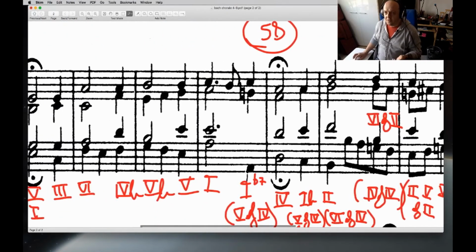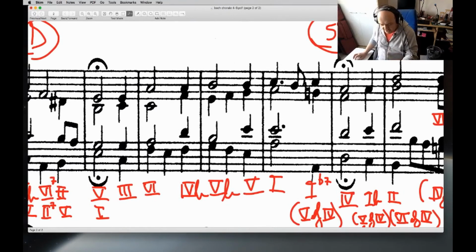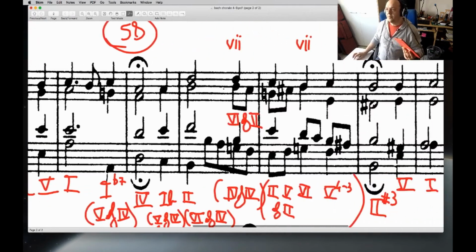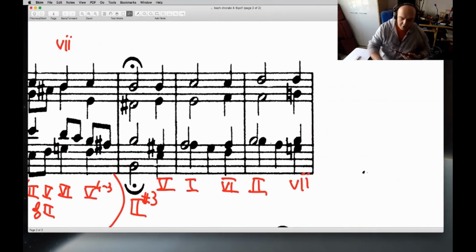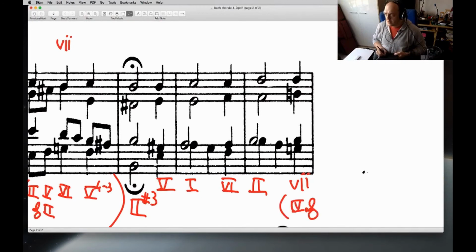I have a G, then I have a C sharp diminished, which functions as 5 of 4, and then I have 4. So that G, 4 of 4, functioning as 4 of 4. Yeah, 4 of the subdominant.